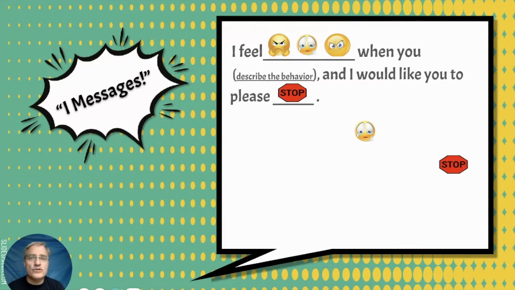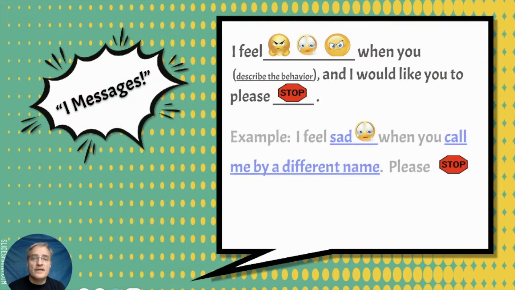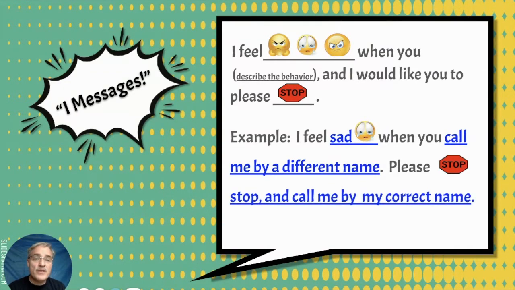And I would like you to please stop, asking someone in a direct, clear voice to please stop. Here's an example. I feel sad when you call me by a different name. Please stop and call me by my correct name. In the case with Steve and the stuttering issue.